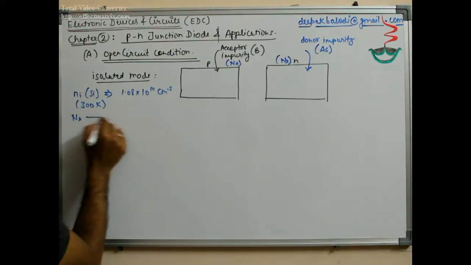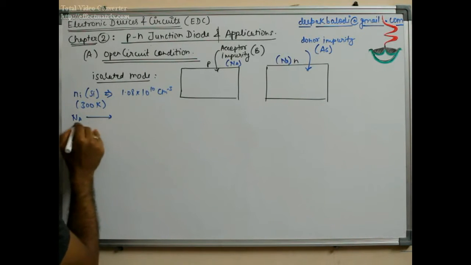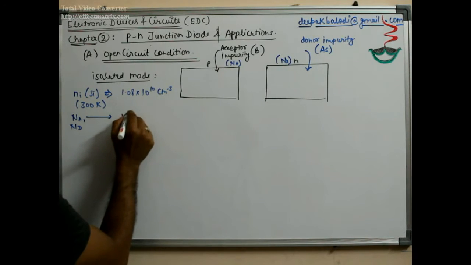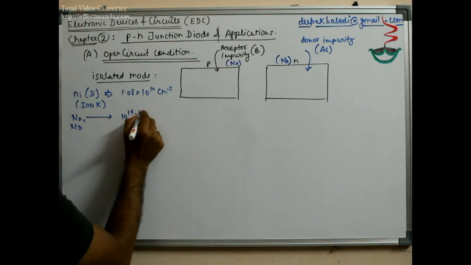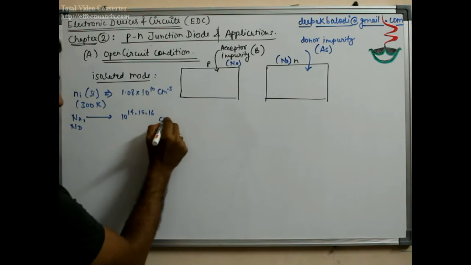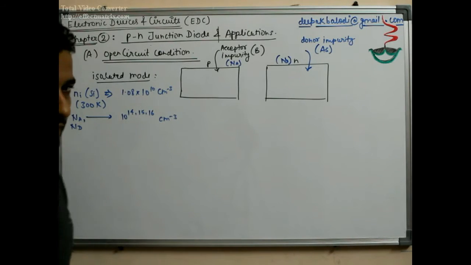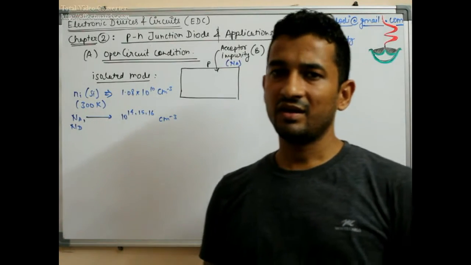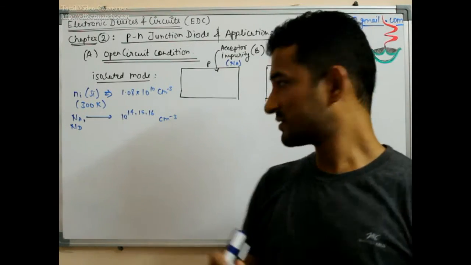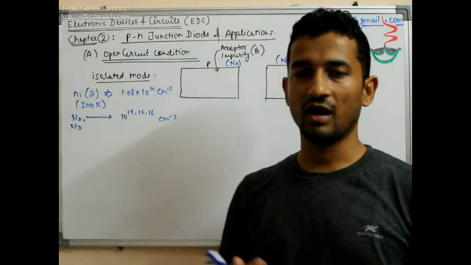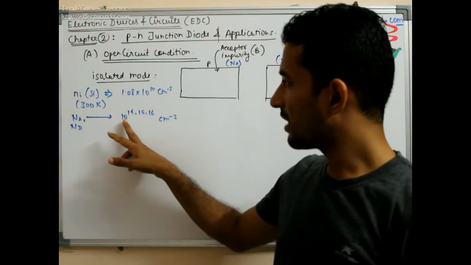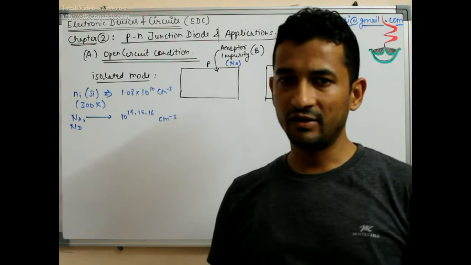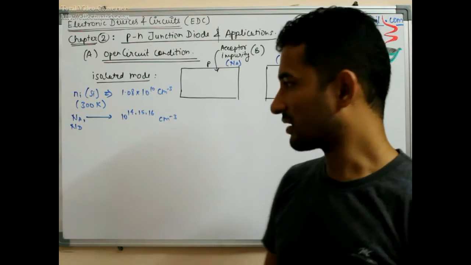Some standard values of Na or Nd are 10 to the power 14, 15 or 16 per centimeter cube. 10 to the power 15 is a good number. 10 to the power 17 or 18 is considered a heavily doped diode, whereas 10 to the power 13 or 14 is sometimes considered a lightly doped semiconductor.